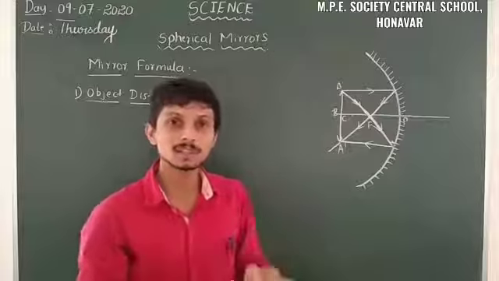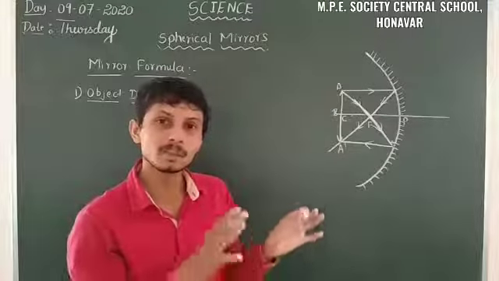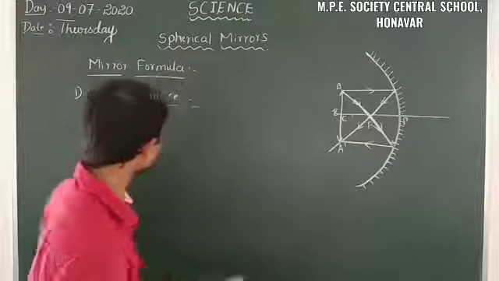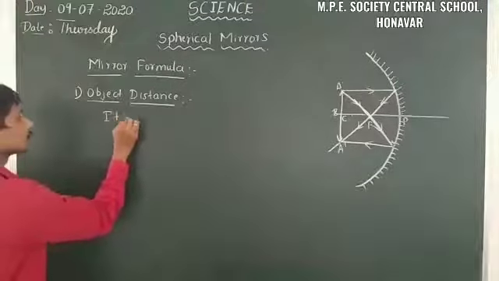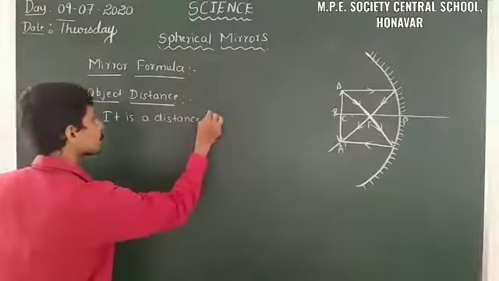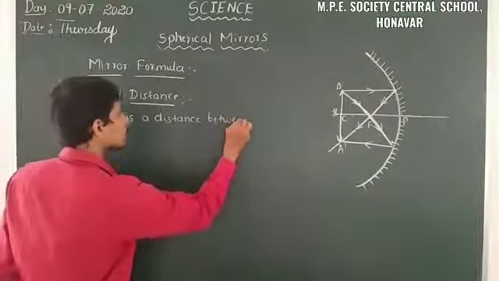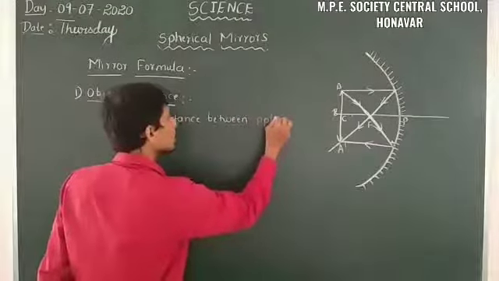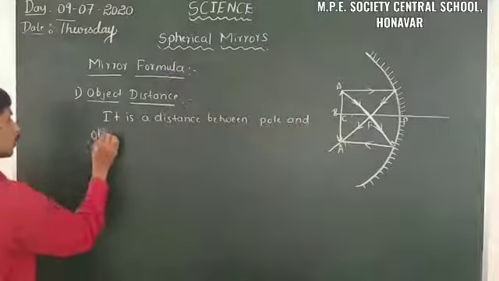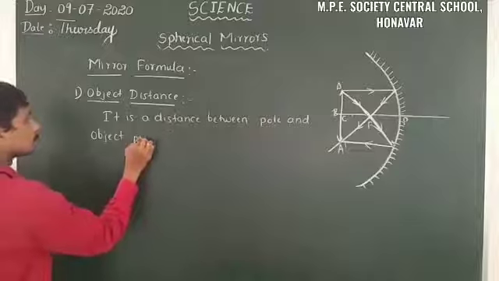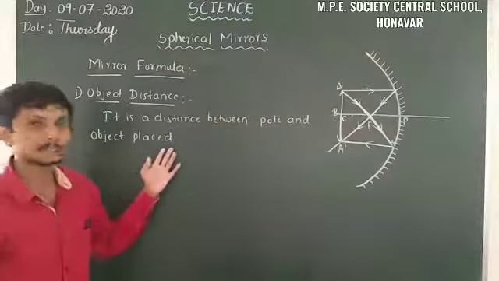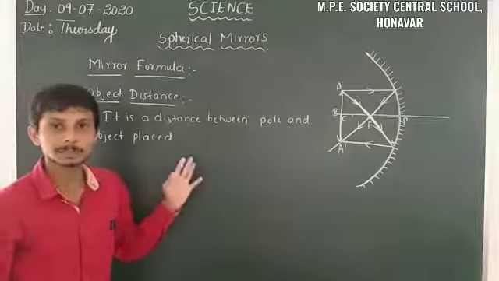The object distance is the distance between the pole of the mirror and the base of the object, on the principal axis.